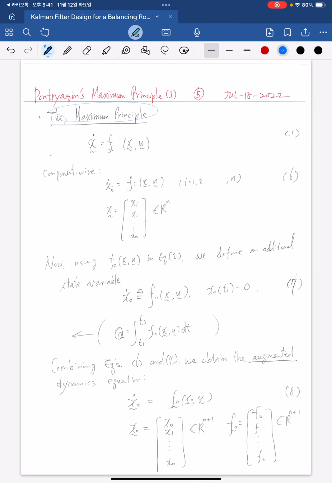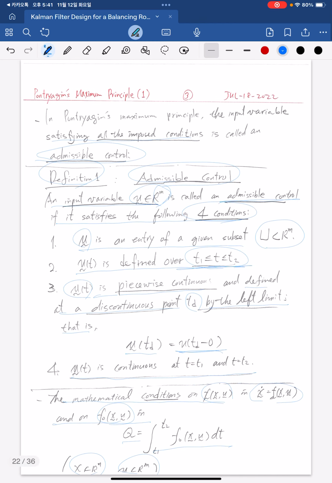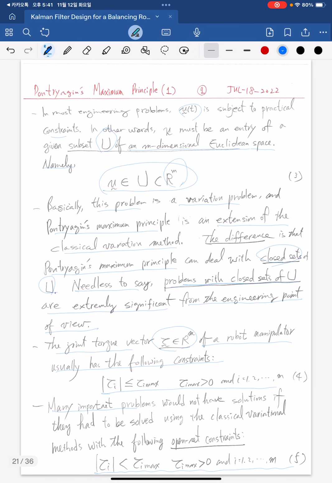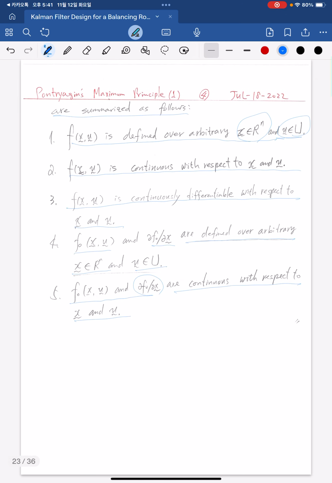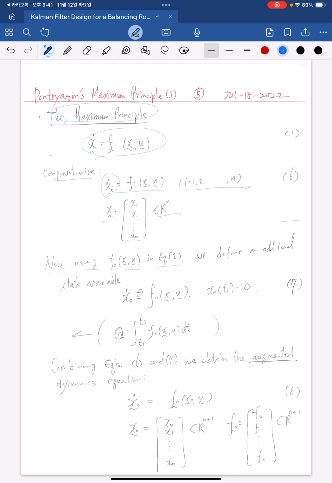The maximum principle: x dot f, component-wise x dot fi(x, u), the x는 n vector고. Now using f0(x, u) in equation 2, we define additional state variable x0 dot equals f0(x, u), 이거를 하나 집어넣어요. x0(t1) equals 0, 여기서 나온 거예요.